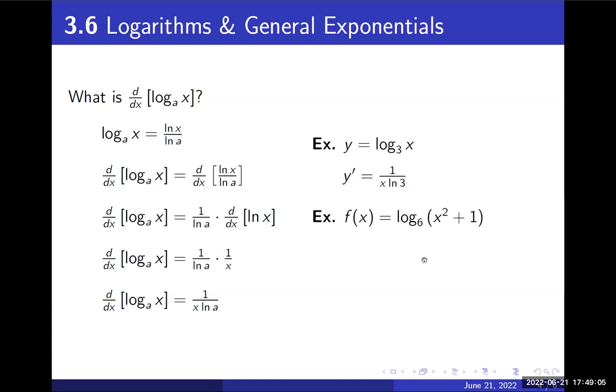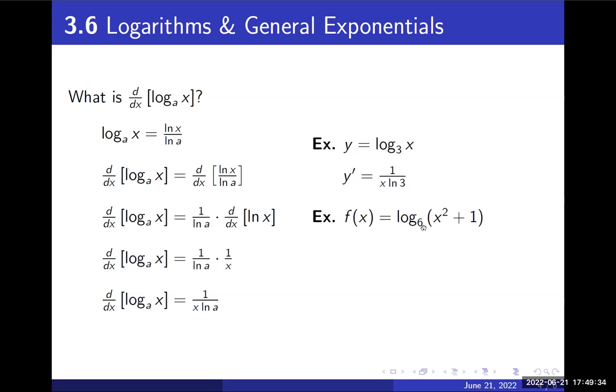For the derivative of the outside, for the log base 6, we're going to follow our rule. Right? Whatever replaces the x, the x squared plus 1, we're going to put that in where we see x in the formula. So that x will now be that entire x squared plus 1.